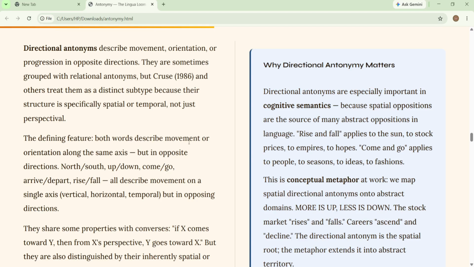So the defining feature: both words describe movement or orientation along the same axis but in opposite directions. Examples are north, south, up, down, come, go, arrive, depart, rise, fall. All describe movement on a single axis but in opposing directions.